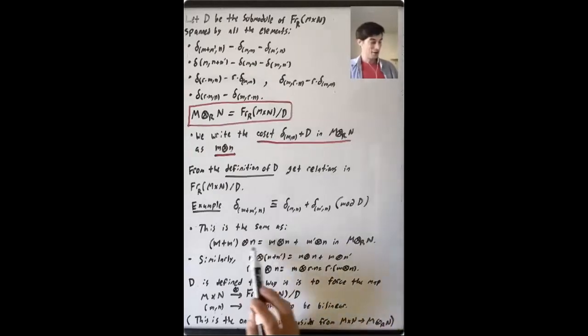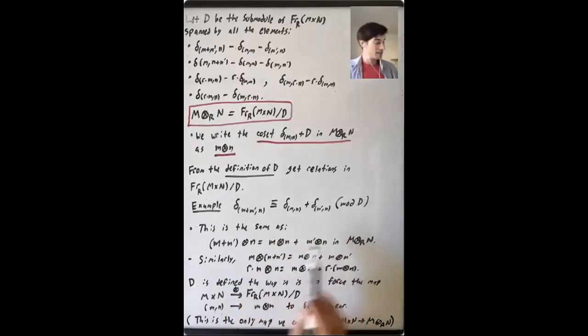So these m ⊗ n elements satisfy a kind of distributive property.